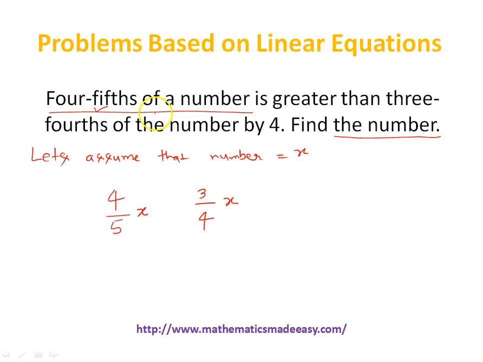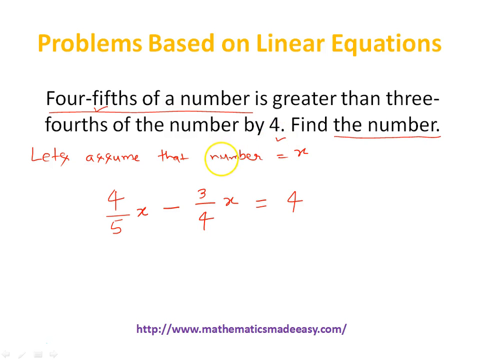So 4/5 of the number is greater than 3/4 of the number by 4. It is greater by how much? 4, right? So we have subtracted 3/4 of the number from 4/5 of the number, and the difference given is 4, right?